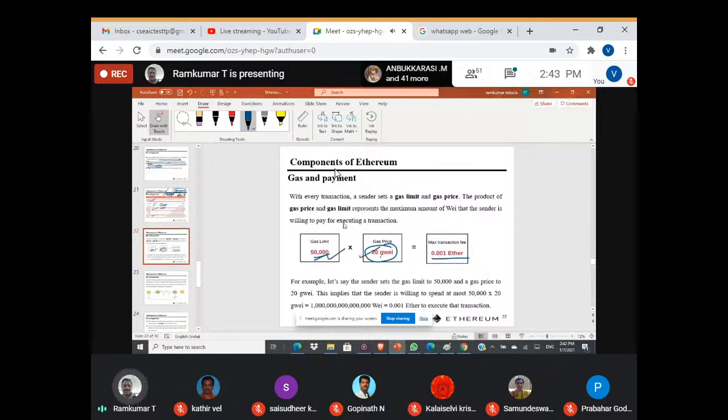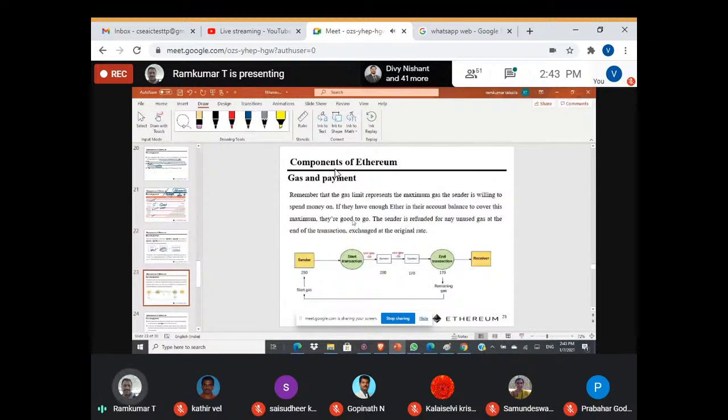You want to pay 20 Gwei for each gas. Why pay more, why can't we pay it as Wei? If you want to execute your transaction fast, then we pay more, right?